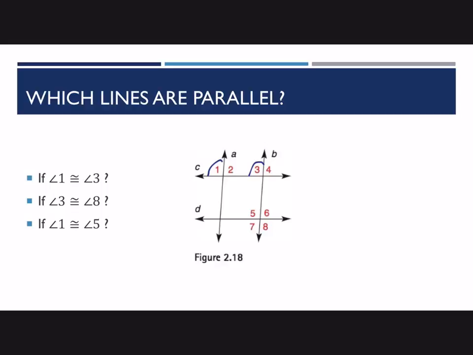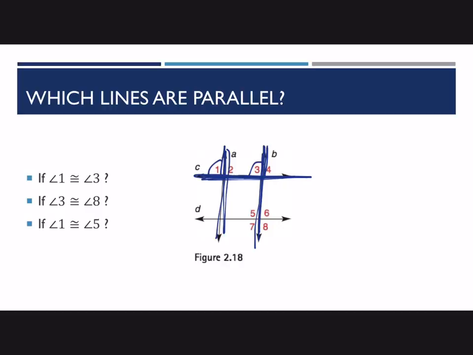Well, your book suggestion is to think about the lines that are necessary to form those angles. So you almost want to just trace the angles and then keep drawing those two lines. Okay, so we have this line that forms the base of 1 and 3, and then we also need these two lines. And notice that line D really has nothing to do with those two angles. So if 1 and 3 are congruent, think about what types of angles those are.